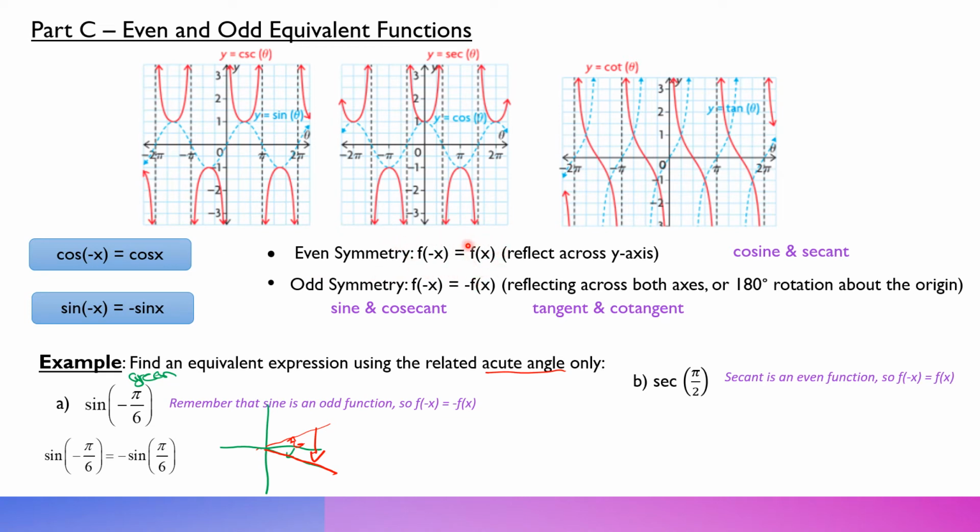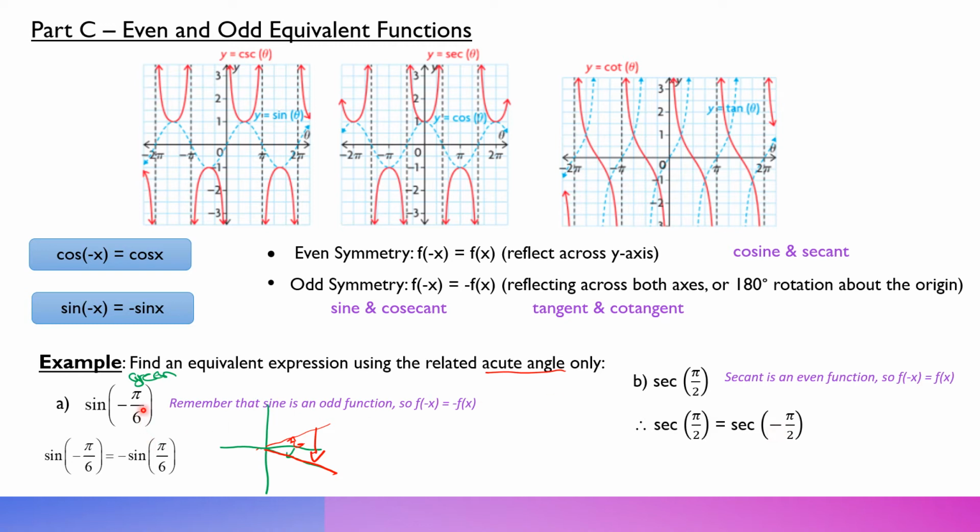So this is our regular function here. It's the same as taking the function and giving it a negative k value. Here's an example of what that would look like with cos, but we're using secant. So secant of pi over 2 is equal to putting a negative in front of the angle. That's secant of negative pi over 2. So we're still using the acute angle, but we've made it a negative.